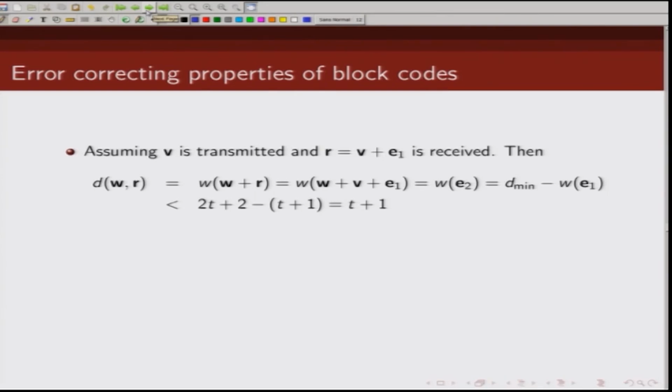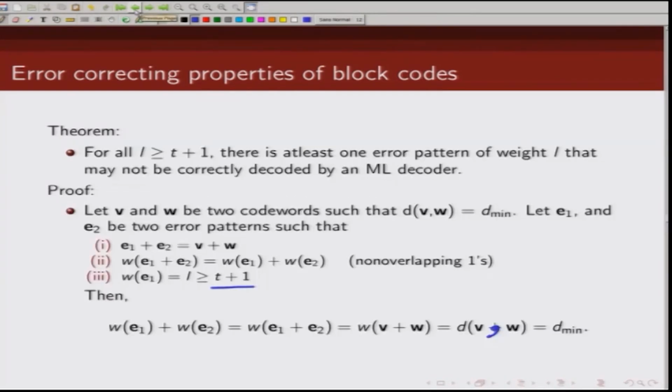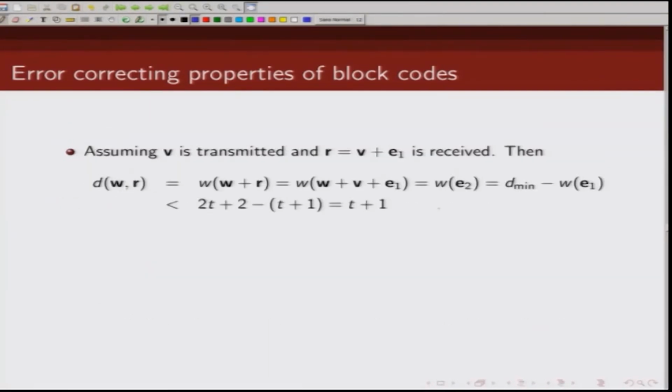And what is weight of E2? From this relation we can see weight of E1 plus weight of E2 is d min. So, weight of E2 is d min minus weight of E1. Now, d min is less than or equal to 2t plus 1 and weight of E1 is at least t plus 1.